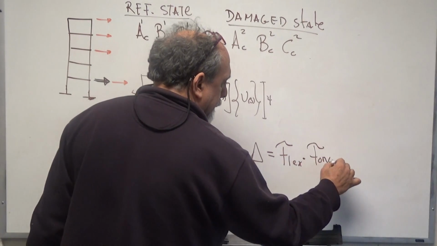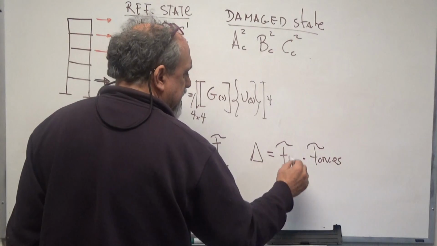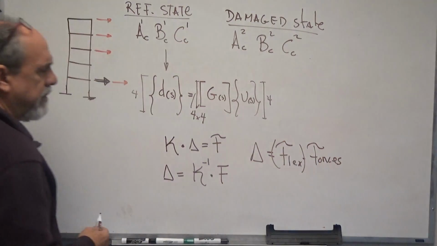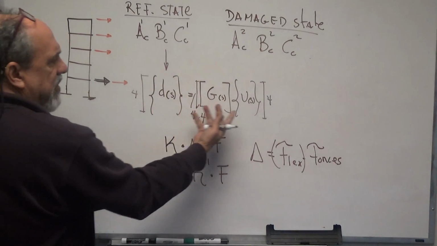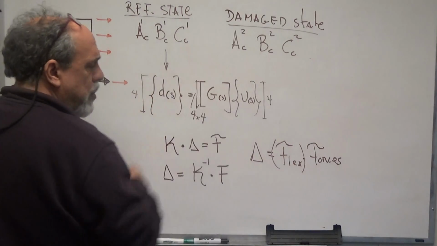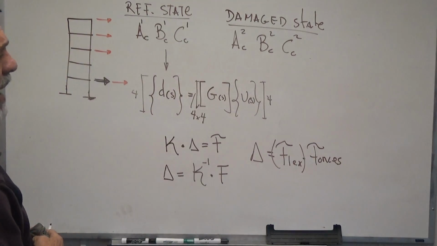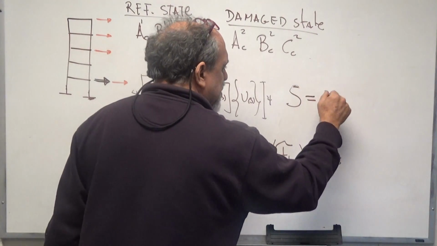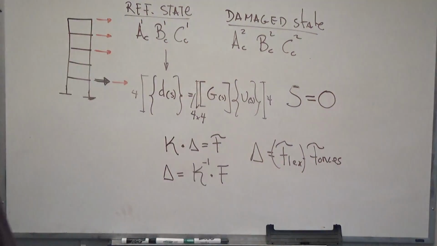So the matrix that connects the forces to the displacements in a static problem is the flexibility. Now, this is exactly the same thing, forces, displacements, except in the Laplace domain. But it turns out that if we evaluate Laplace results at s equal to 0, that is the same as operating in statics. So the transfer matrix evaluated at s equal to 0 is the flexibility.